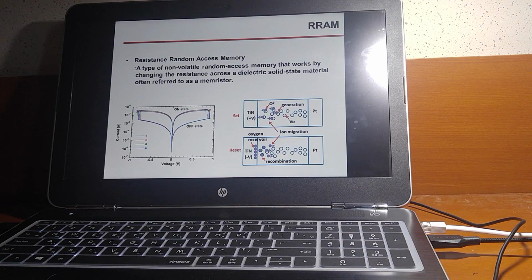It is some kind of capacitor, and a capacitor has a lot of resistance, so almost no current flows through it. But if we increase the bias, at one moment the filament is going to be created, and the current is going to rise abruptly, and we use this mechanism.